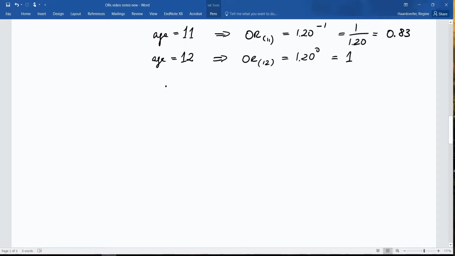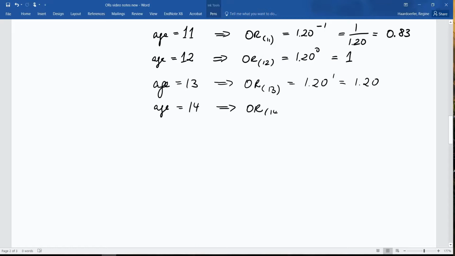And then we have age 13. So a 13-year-old gets coded as a 1. So the odds are 1.20. And then we got 14. And the odds ratio of a 14-year-old is 1.20 to the power of 2, or squared, which is 1.44.